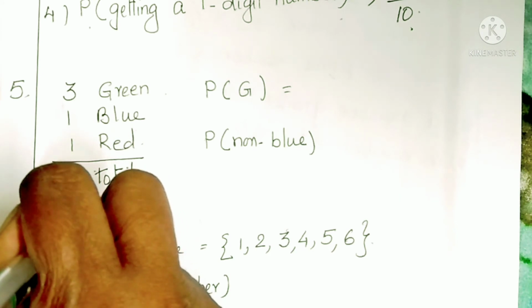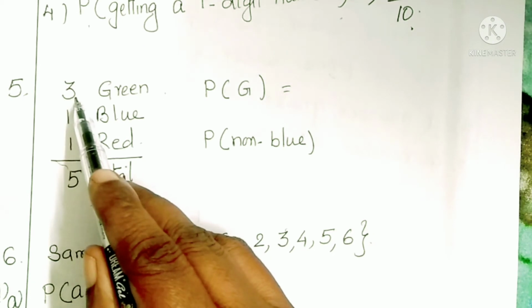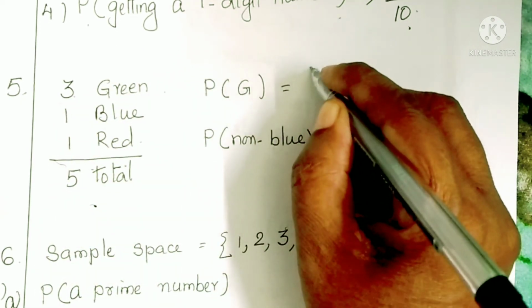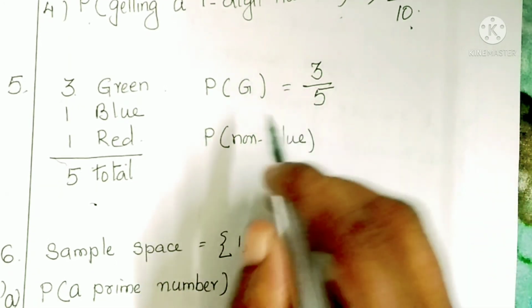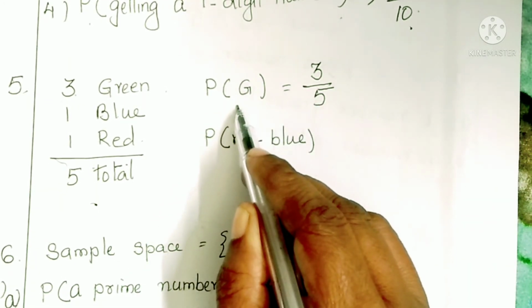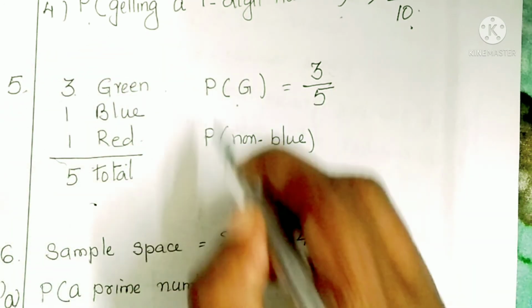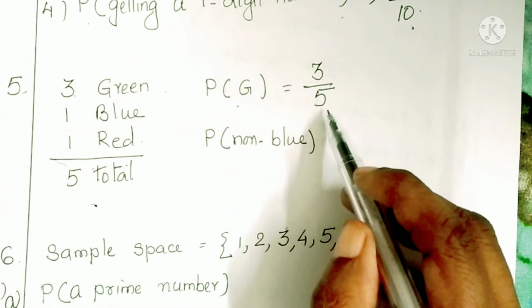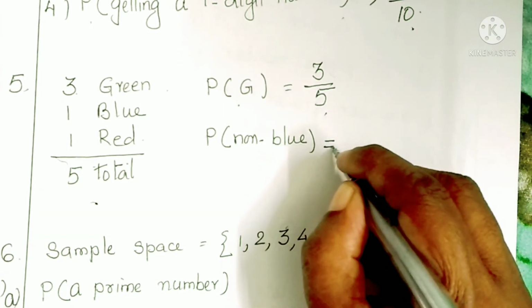What is the probability of getting a green sector? How many green are there? 3. So 3 out of a total of 5. So the probability of getting green from these sectors is 3 upon 5. Here no cancellation is possible.